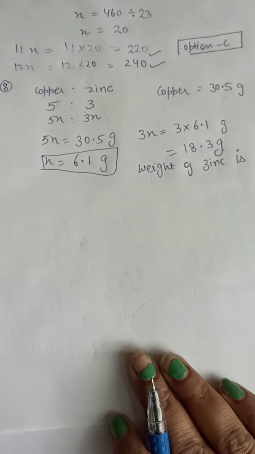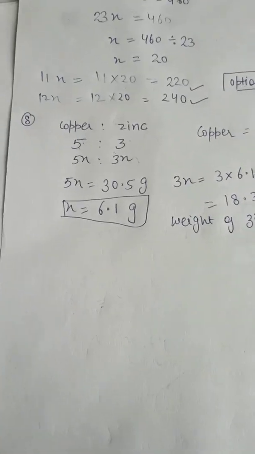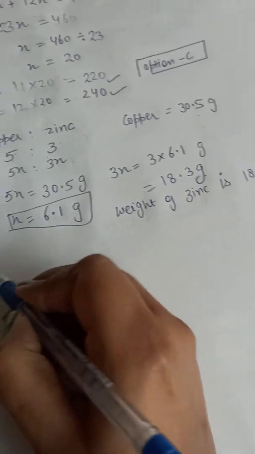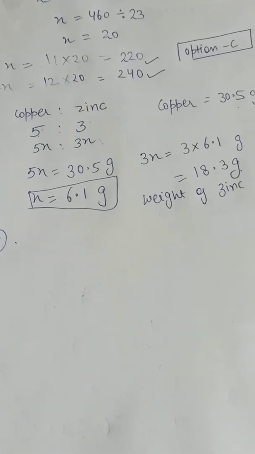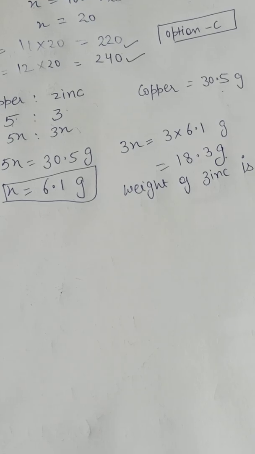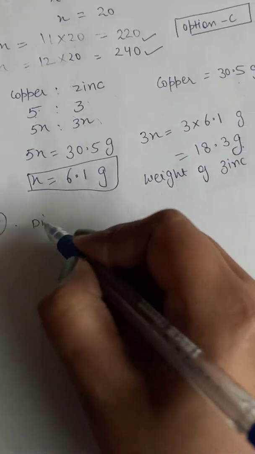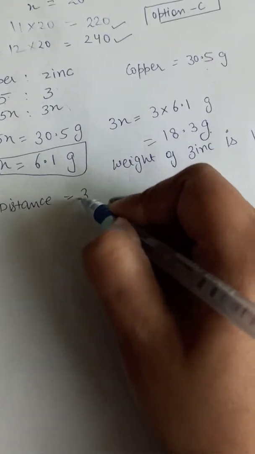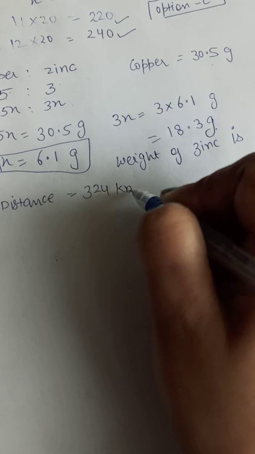Okay, now question number 9. If Sachin travels 324 km in 6 hours of driving, it means the distance covered is 324 km.